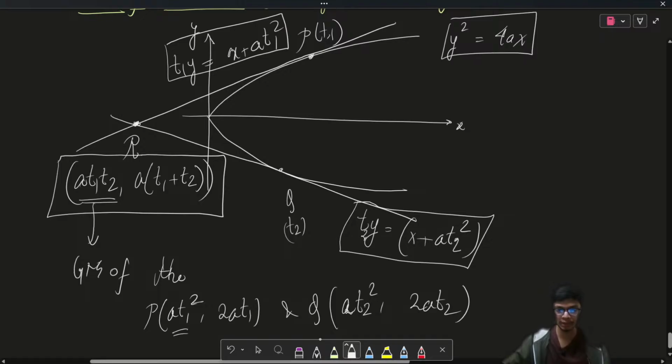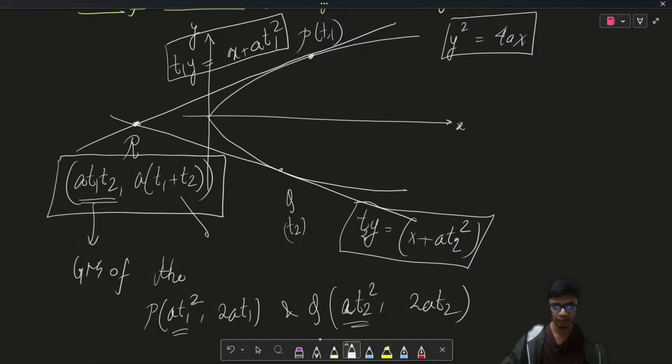If you take the geometric mean of the x coordinates of the first two points, you will end up getting a t1 t2, and this y coordinate is basically the arithmetic mean of the y coordinates of P and Q. So this is how we obtain this point of intersection.